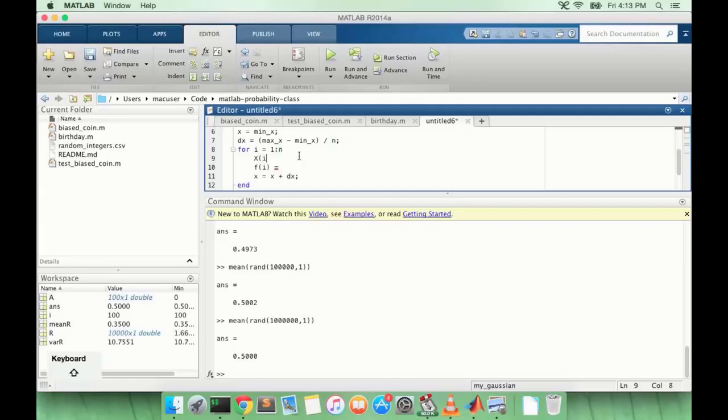So x of i is going to equal x, and f of i is going to equal f. So return x and f.